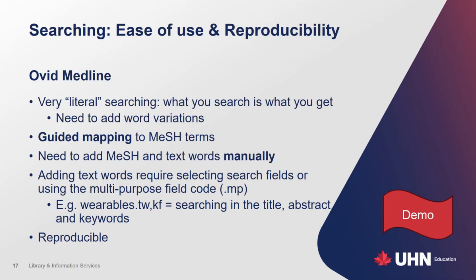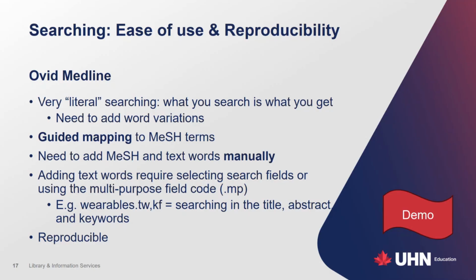Another thing is that it won't add the MeSH automatically for you. Instead, it provides what they call guided mapping. So if you search for wearables and try to look for a MeSH term, it's going to make a few suggestions, but you're going to have to manually add it yourself. You'll also need to add those text words manually. And when you do that, you have to select the search fields for your query.